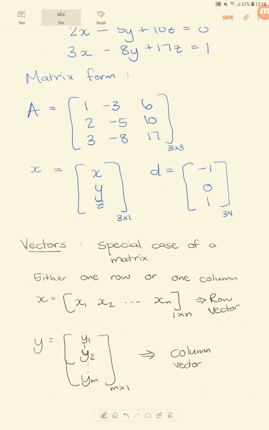So in our example from above, our variable matrix as well as our constant matrix are n by 1, so they are column vectors.